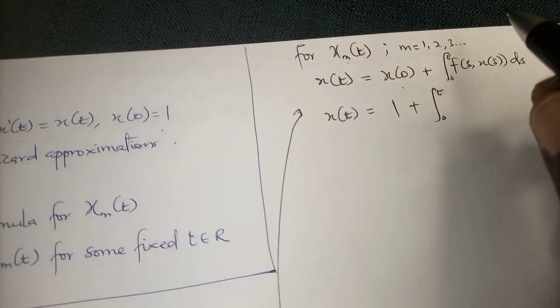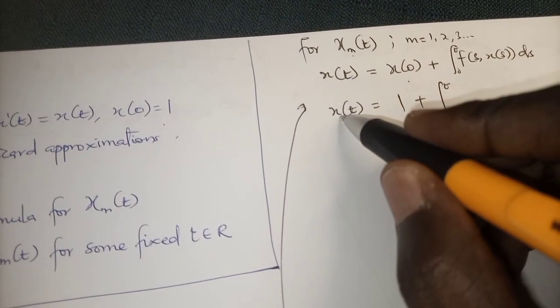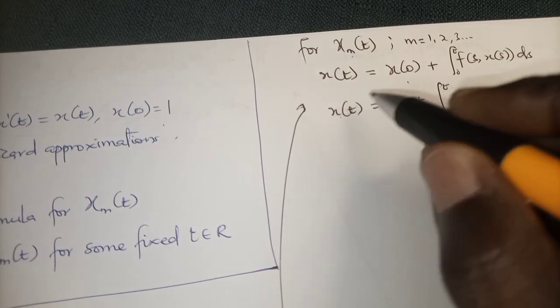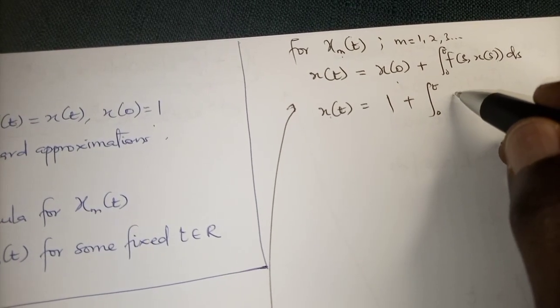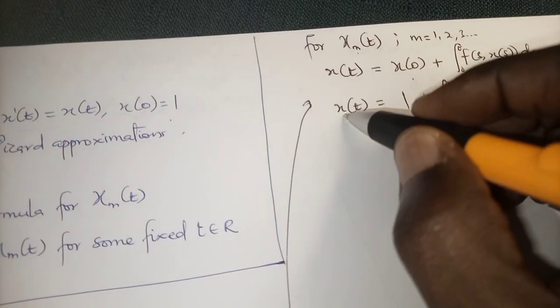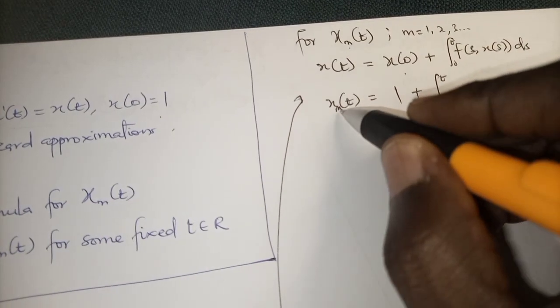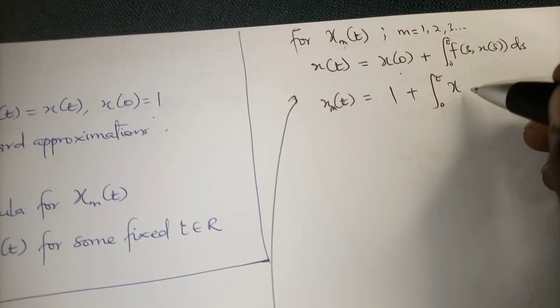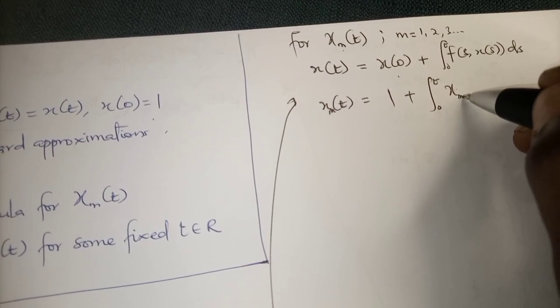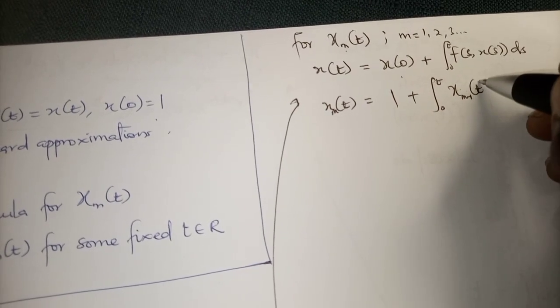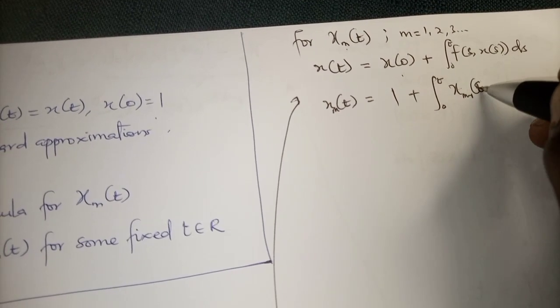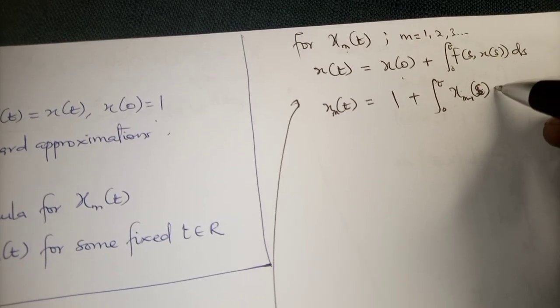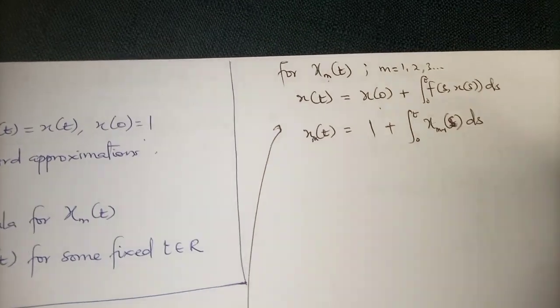So if this is m, then this will be m minus 1. So if this is x_m of t equals 1 plus the integral, then this will be x_(m-1) of s ds. So that's Picard's approximation.